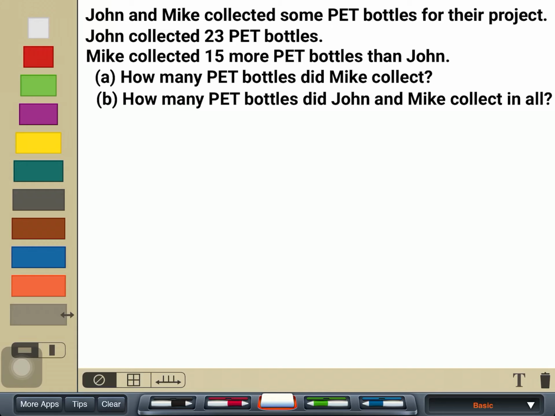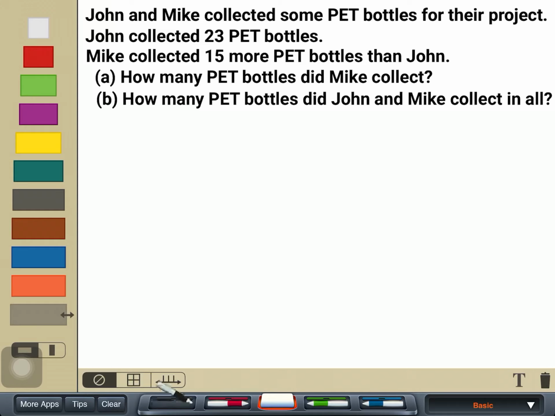So for this word problem, let us try to think first, what do we know about the problem? There are two people collecting PET bottles, and between those two people, Mike collected more PET bottles than John.